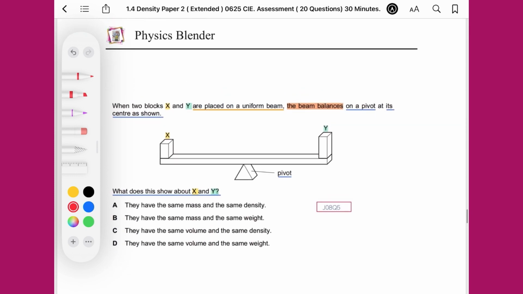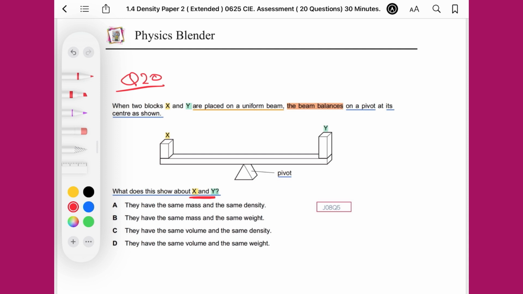The last question we have, question 20. When two blocks X and Y are placed on a uniform beam and the beam balances on a pivot at its center as shown, what does this show about X and Y? Okay, here we do not have measuring cylinders.